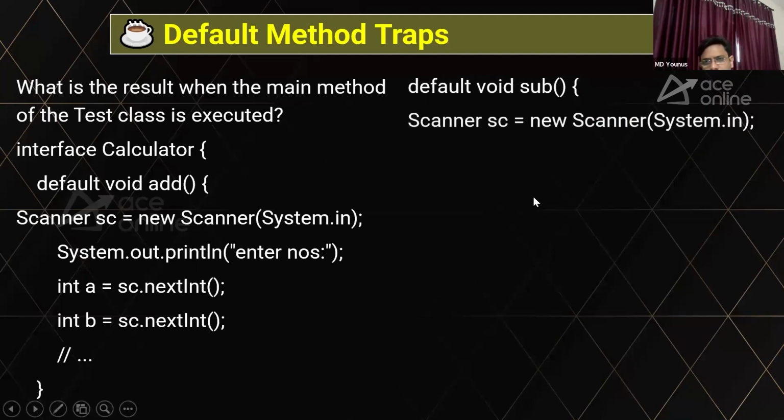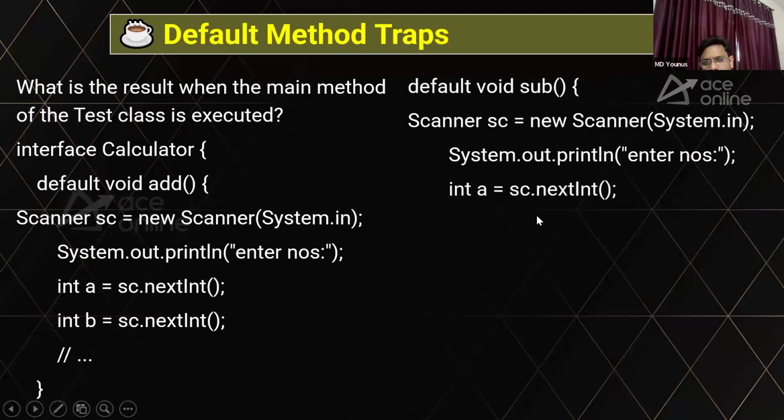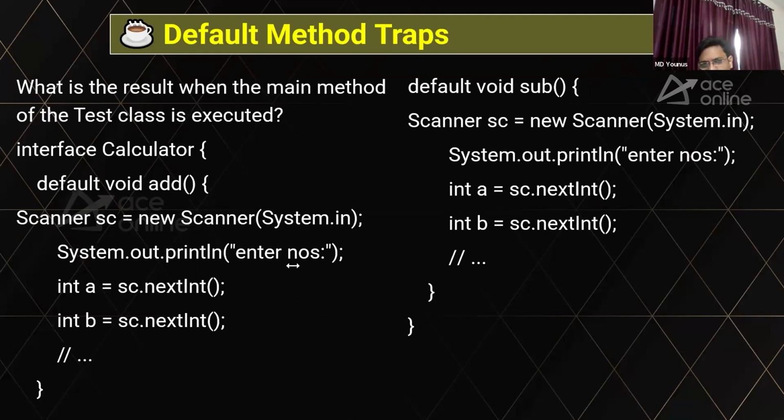Now, we have another method called subtract, where we are taking input of two numbers from the user and writing the logic for subtraction. Now, looking at this code, do you see any problem? I mean, will this code compile or not?